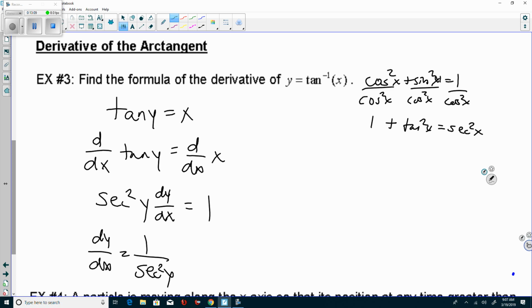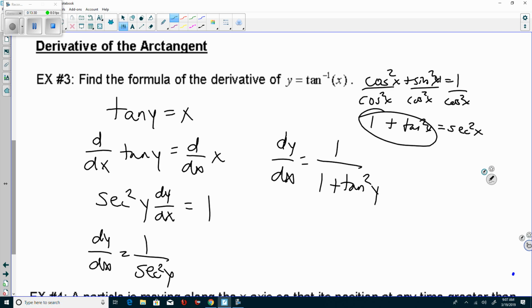So then what we have, just be consistent with the previous one. Okay, I did put the sign in. All right. So you have your dy/dx equals, because secant squared is right here, that's what it equals. So we have 1 over 1 plus tan squared, and I'll make that a y.